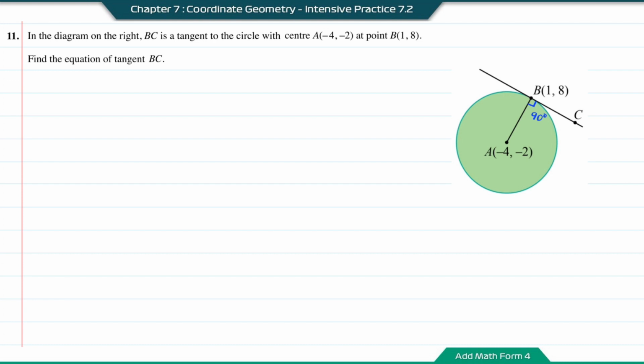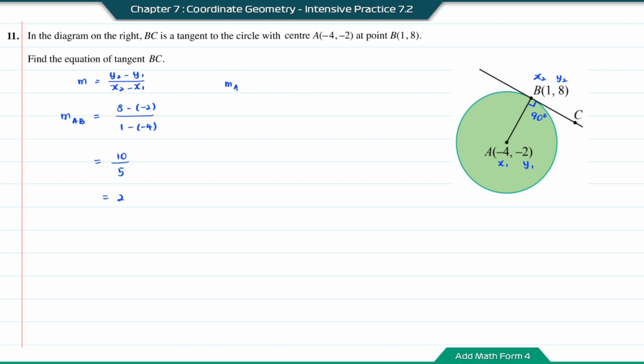First we're going to find the gradient of AB. Gradient AB is equal to 8 minus negative 2 over 1 minus negative 4. This is equal to 8 plus 2, 10, over 1 plus 4, 5. Simplifying this, the gradient AB is equal to 2.